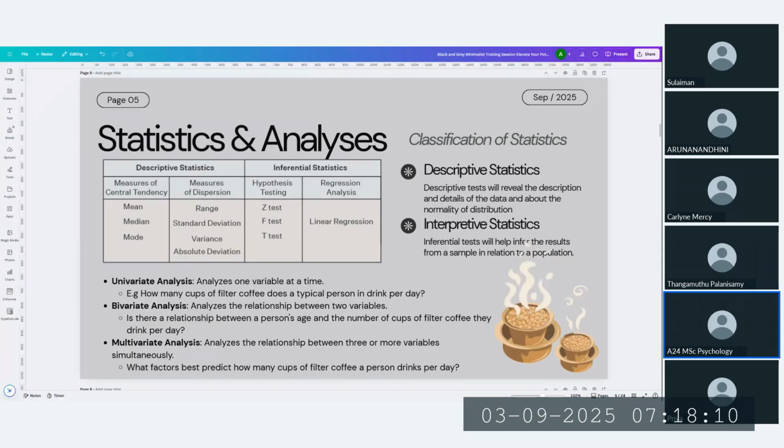What is the average of the data, how much does it vary, and all those mathematical calculations come under descriptive statistics. Inferential statistics, as the term suggests, help you infer results from a sample and apply it to a population or in relation to the population.